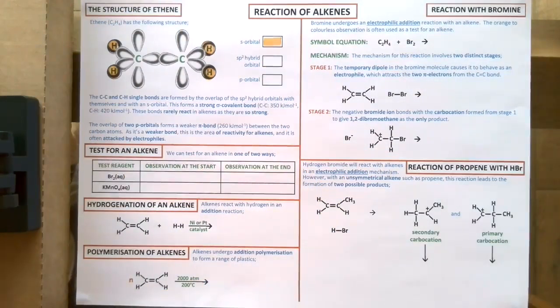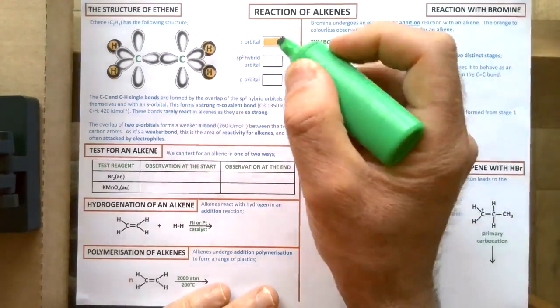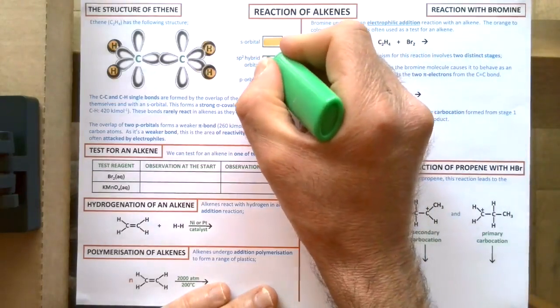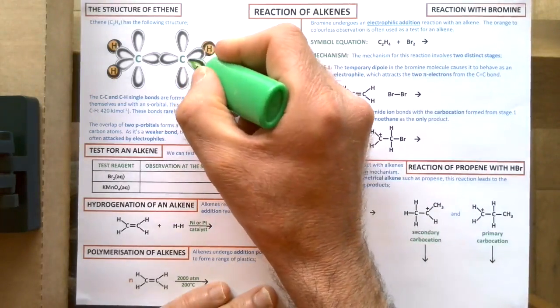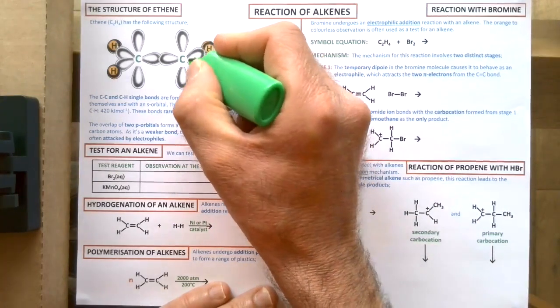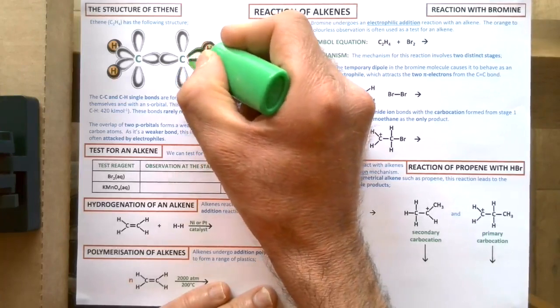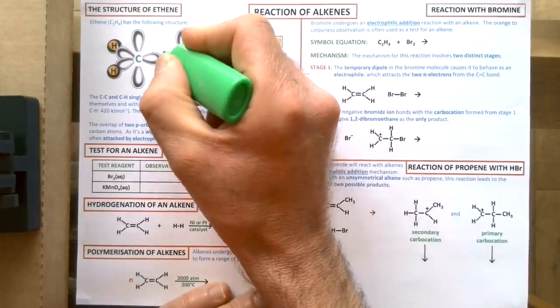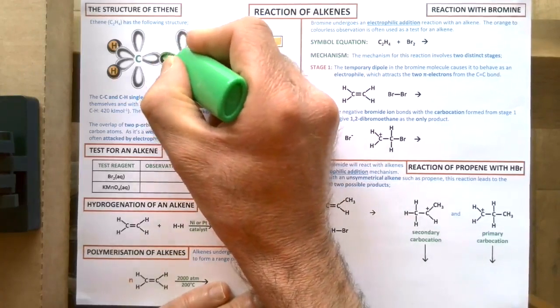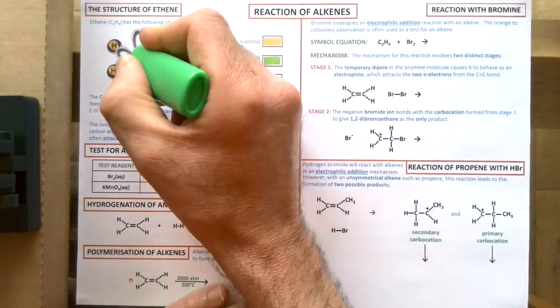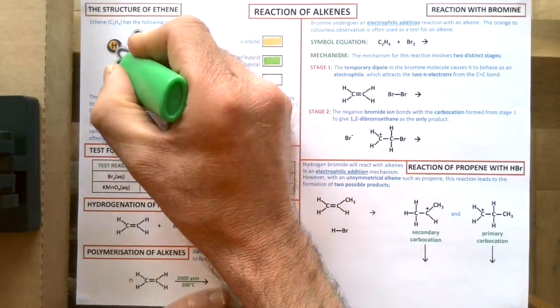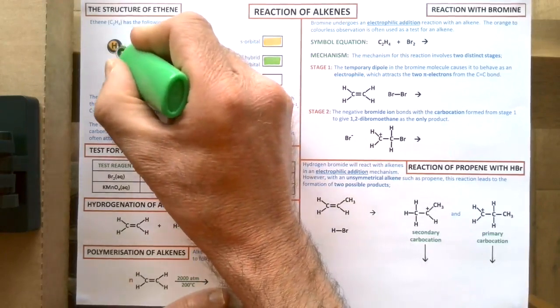Then I'm going to go with a green, I think, on the sp2 orbitals, and these are these ones here, each carbon atom having 3 of these. Going back, this one in the plane of the paper, this one in the plane of the paper overlapping with that one, and this one coming at us, and this one going away from us.